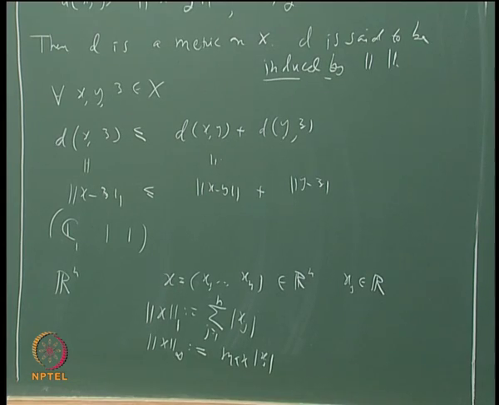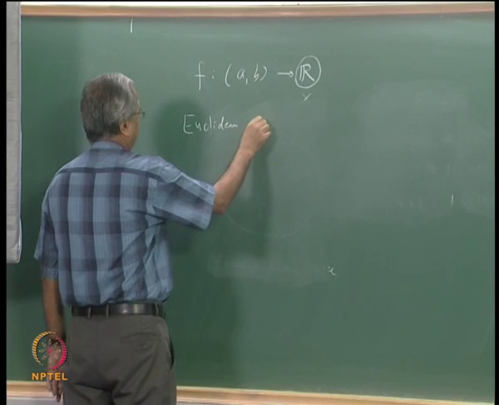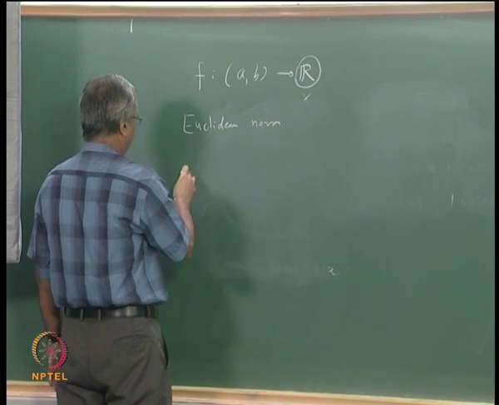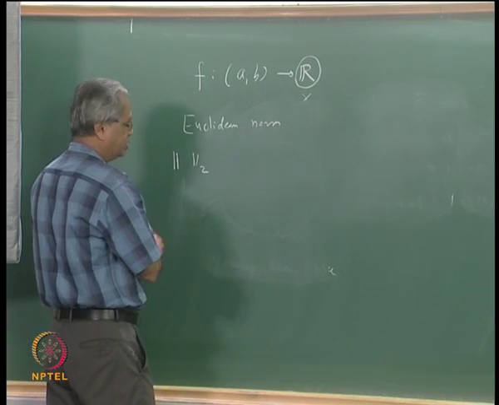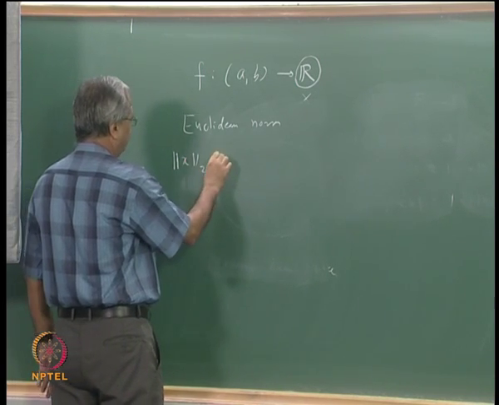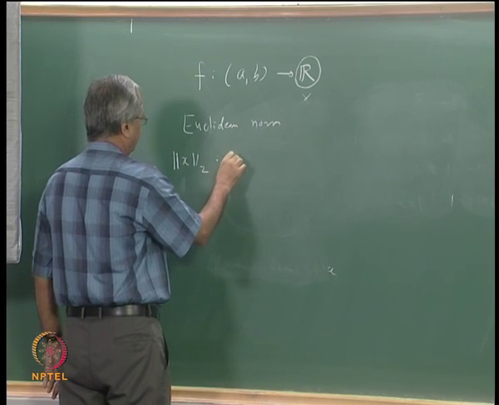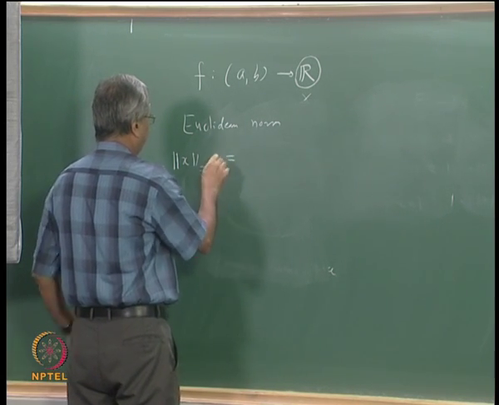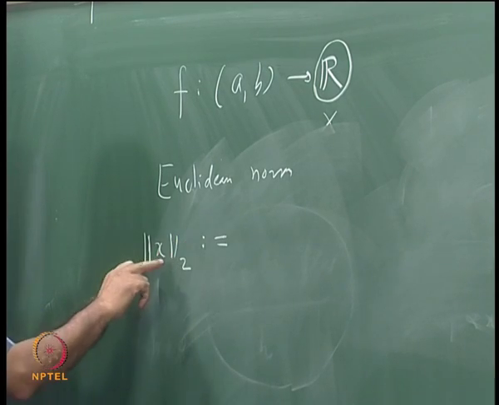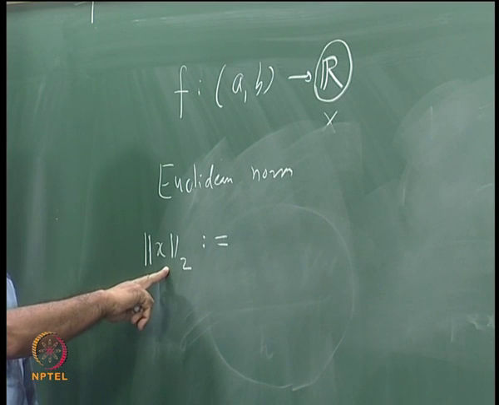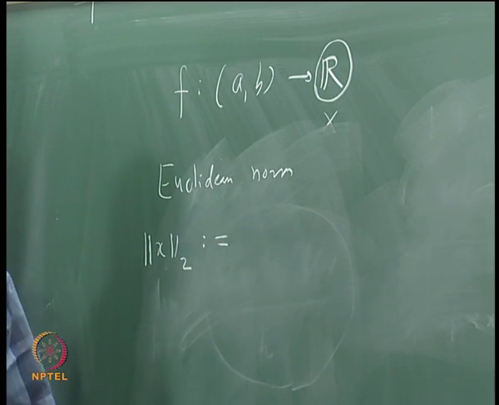Another example of a norm on Rn, which is most popularly used, is called the Euclidean norm. It is denoted by norm suffix 2, the norm of x suffix 2. By the way, I suppose you are familiar with this symbol; it means whatever is on the left side is defined by the right of this symbol.